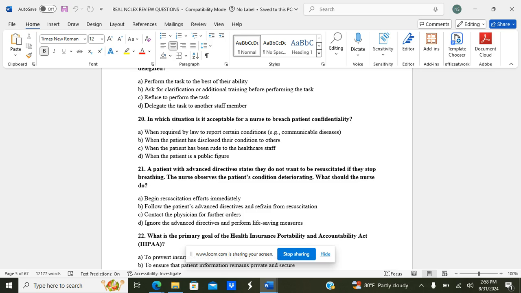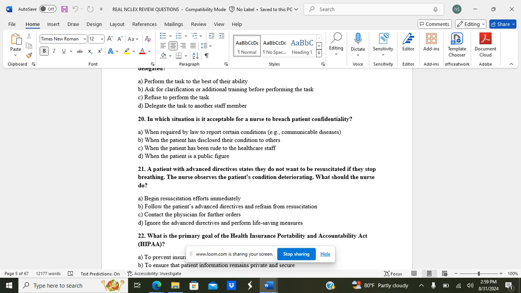First choice, when required by law to report certain conditions, okay? That means communicable disease. This choice is very important. When required by law, this should look right. Let's continue to see other choices. When the patient has disclosed the condition to others.